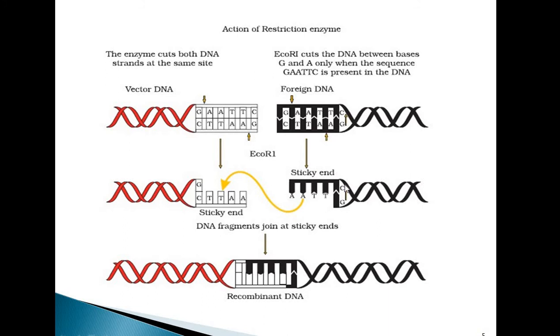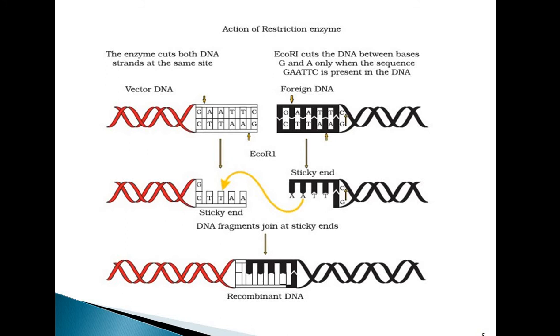After the cutting, that is after the restriction enzyme, what is our procedure? To stick it with what? With DNA ligase. So this is the recombinant DNA which you got. You can understand from this figure very clearly that this is the vector DNA, our plasmid. This is the foreign DNA, the alien DNA or gene of interest.